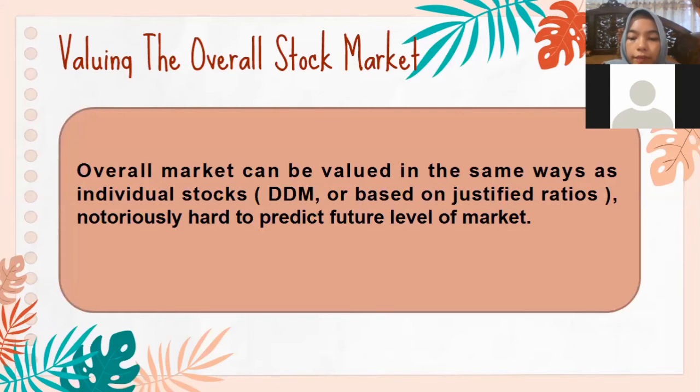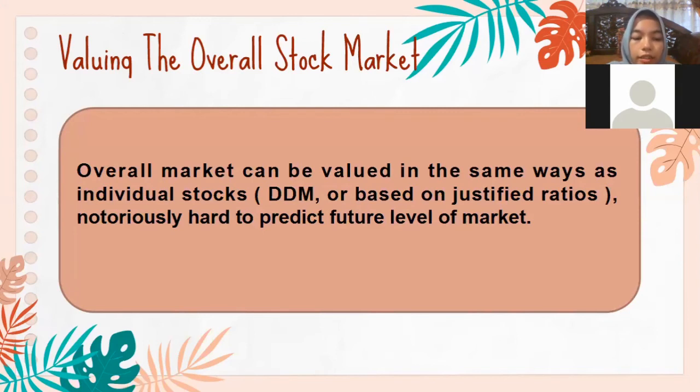And the next is following the overall stock market. The overall market can be valued in the same ways as an individual stock, like DDM or based on a justified ratio, but it is notoriously hard to predict the future level of the market.